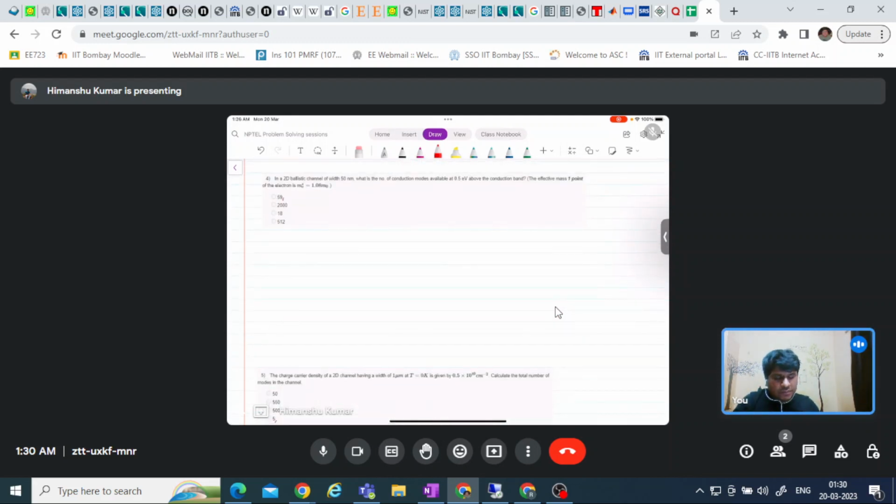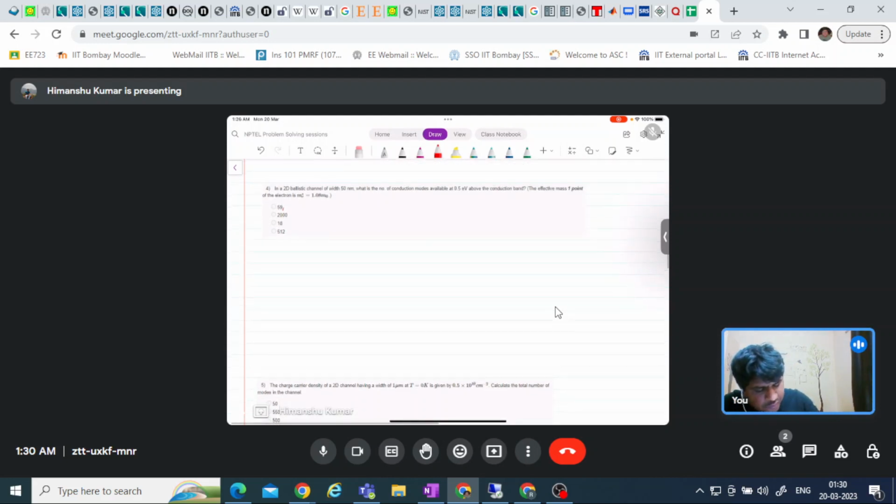So next problem: in a 2D ballistic channel of width 50 nanometer, what is the number of conduction modes available at 0.5 electron volt over the conduction band?